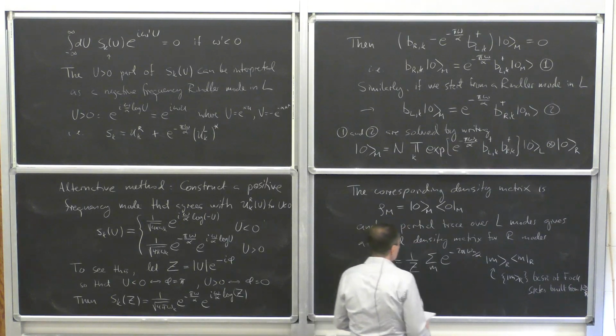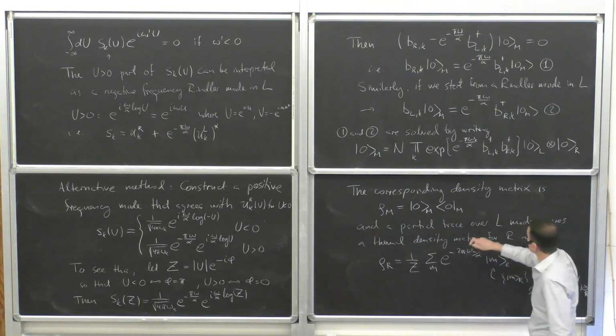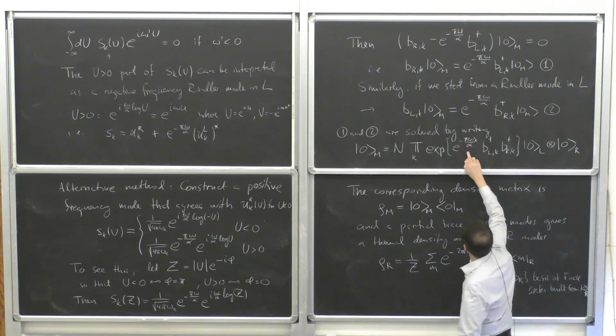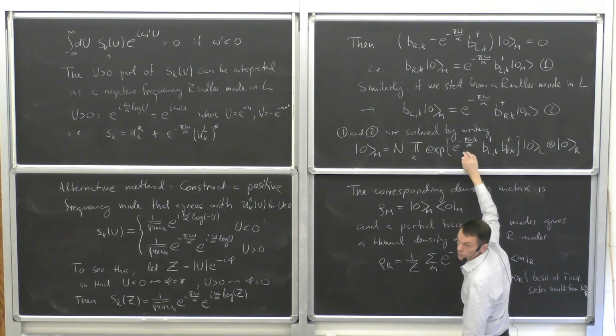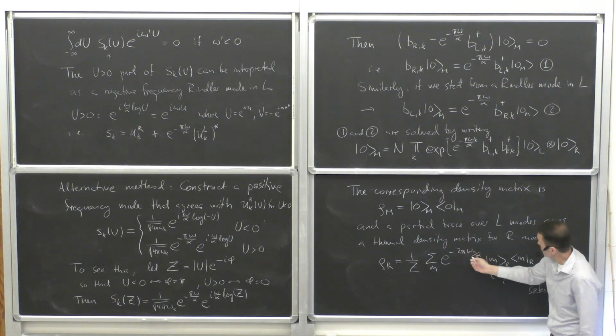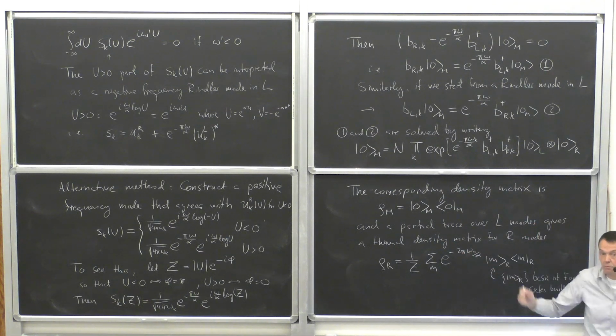And you get a factor of 2 here because when you calculate this, you get two exponential factors, and you see that this is exactly the Unruh temperature that we get here. So we're reproducing what I said before.